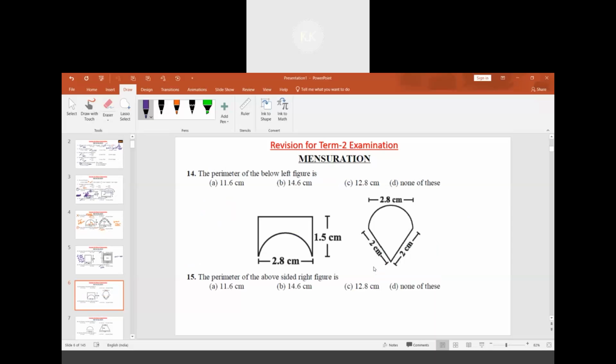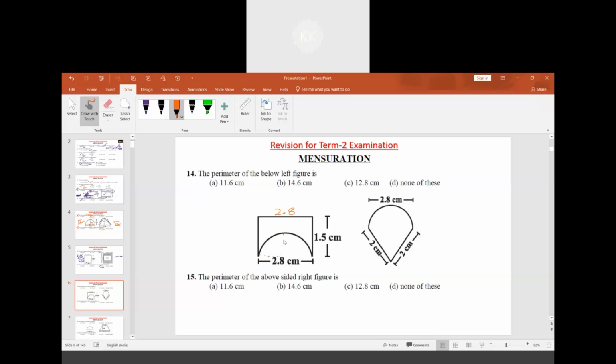Perimeter of the given figure. To find the perimeter, this curved surface also we need to find. This is half of the circumference of a circle. What is the radius here? 1.4.